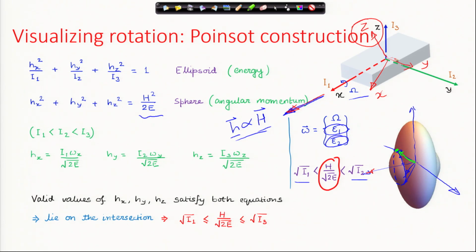In other words, the frame must reorient itself. The frame reorients itself to get this projection along the z, and hence, as you see, the h vector is moving on this closed curve, but the actual direction is not changing.